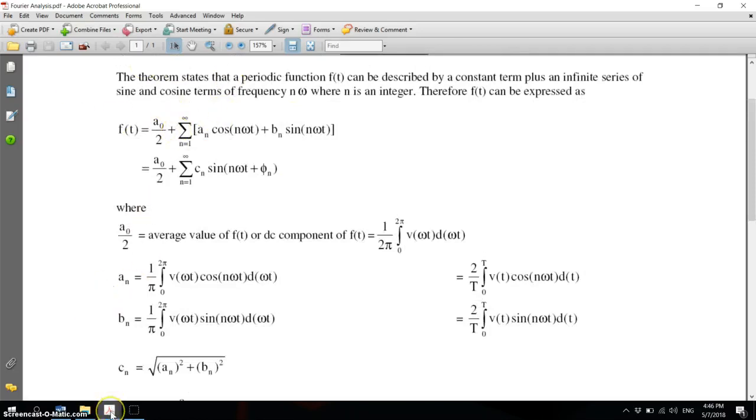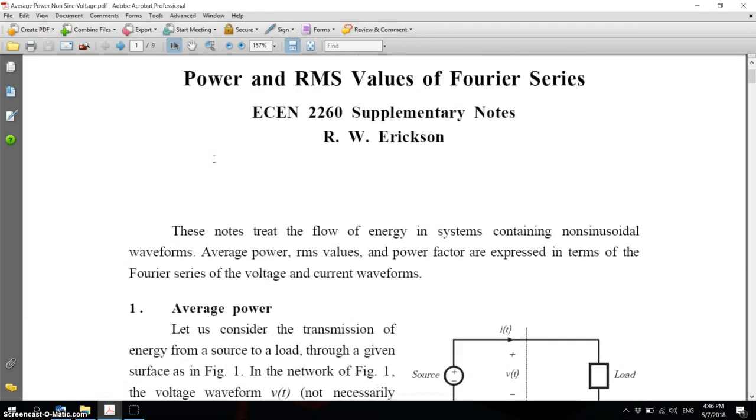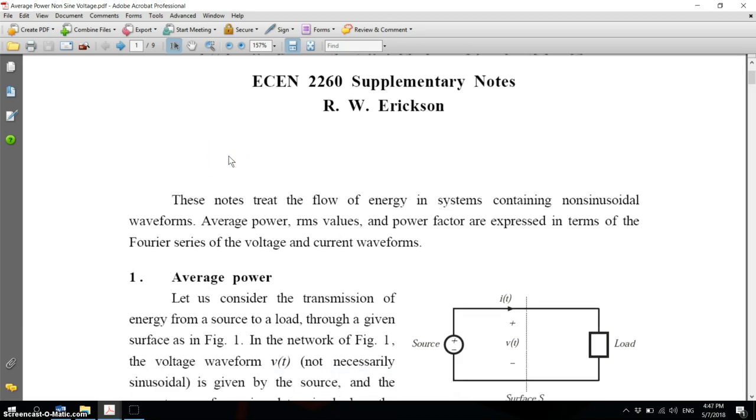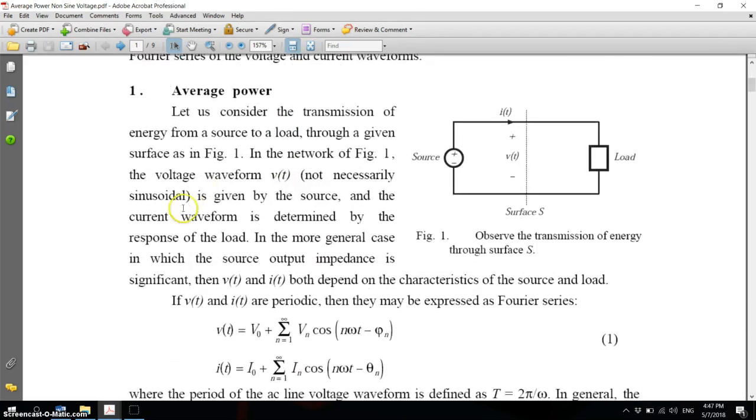To solve this power equation, we're going to use the notes from Erickson, a well-known person in power electronics, who produced these notes on average power. He writes the equations for voltage and current for this simple equivalent circuit, whereby we have a source and a load, the voltage across the source, and the current that flows into the load.